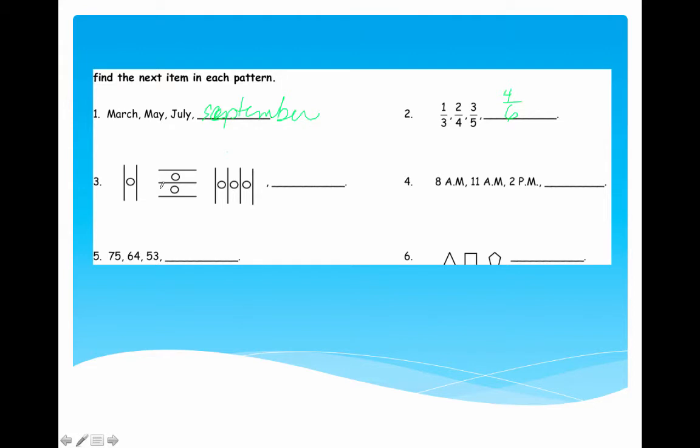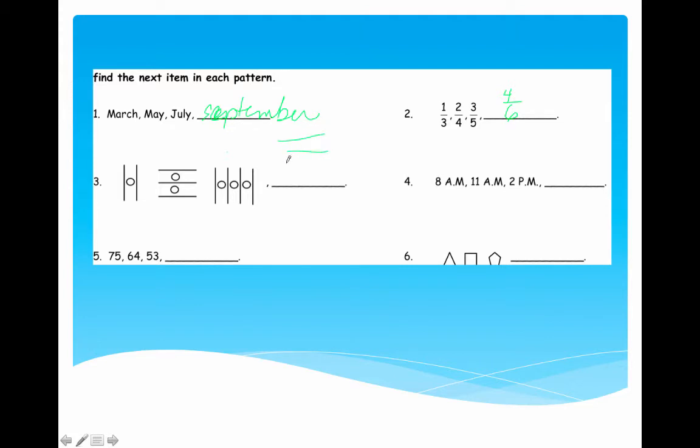And then this one maybe takes more thought. So you notice there's 2 lines in one circle, 3 lines, 2 circles, 4 lines, 3 circles. So probably the next thing will be 5 lines and 4 circles, but this is also vertical, horizontal, vertical. So the next one will probably be horizontal.